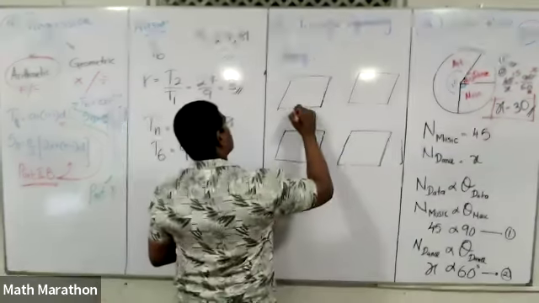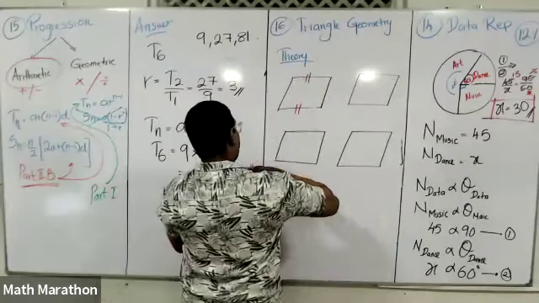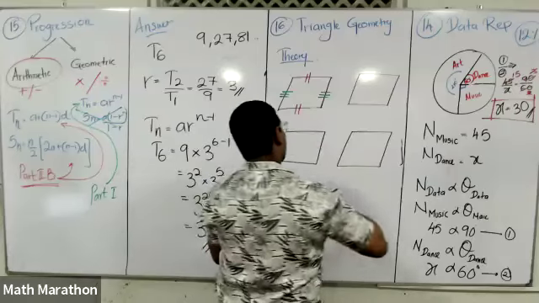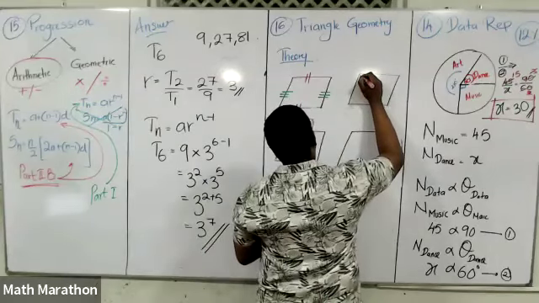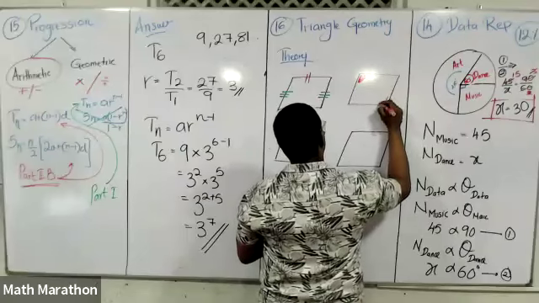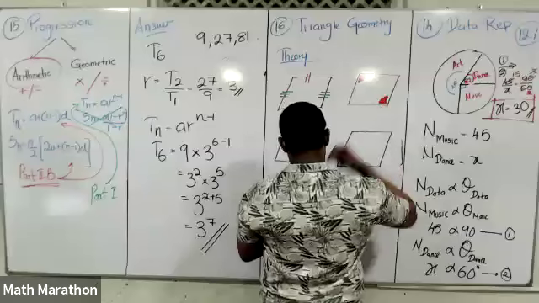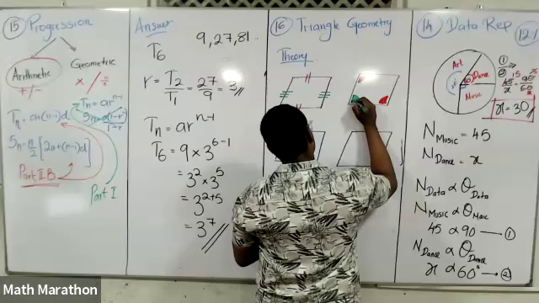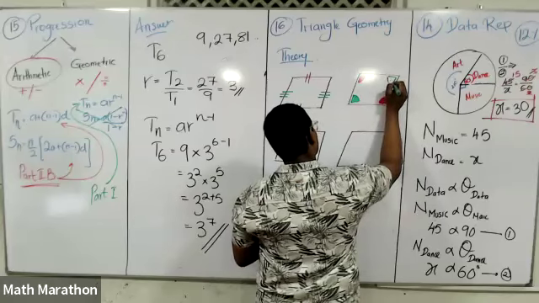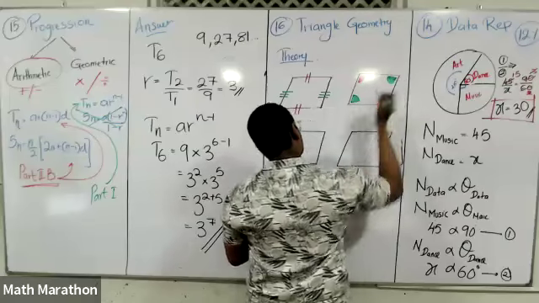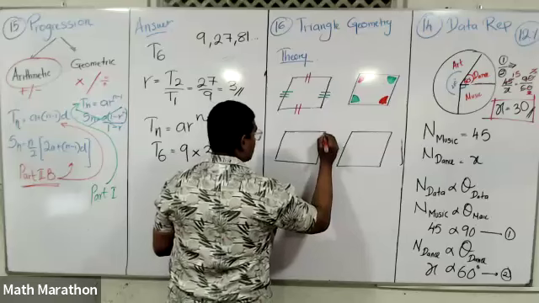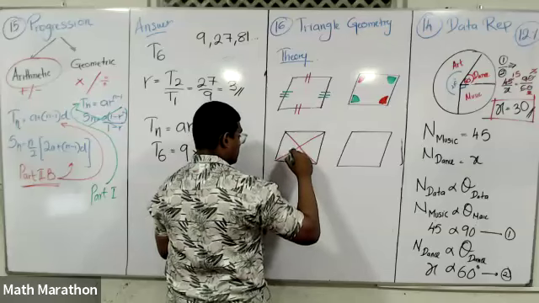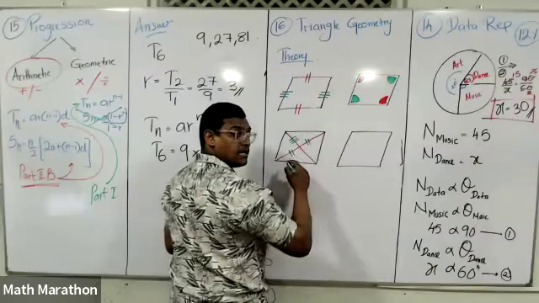What is the first one? The opposite sides are equal. The next one, the opposite angles are equal. The next one, the diagonals bisect each other.